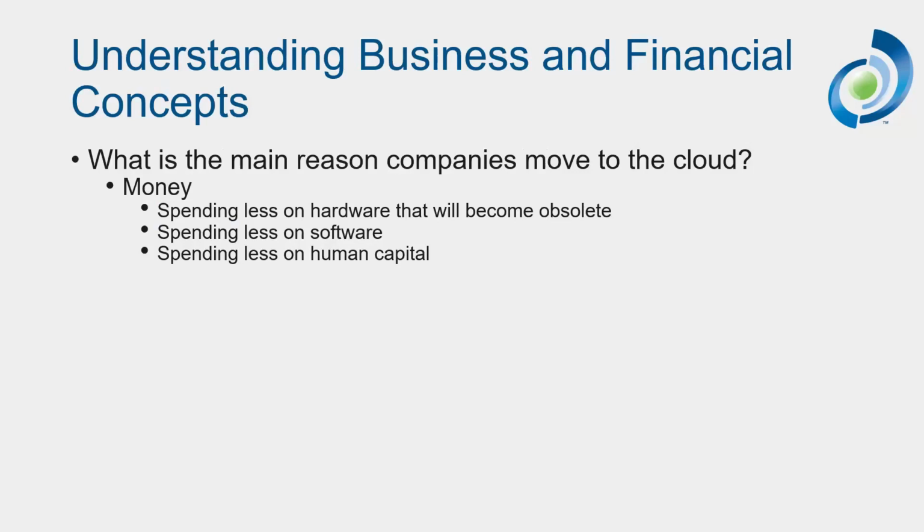There's several business reasons why companies do things, and of course, the one that's probably most important is the desire to save money. So we want to spend less on our hardware, we want to spend less on our software, and we want to spend less on what it costs for people to be there and do the work.